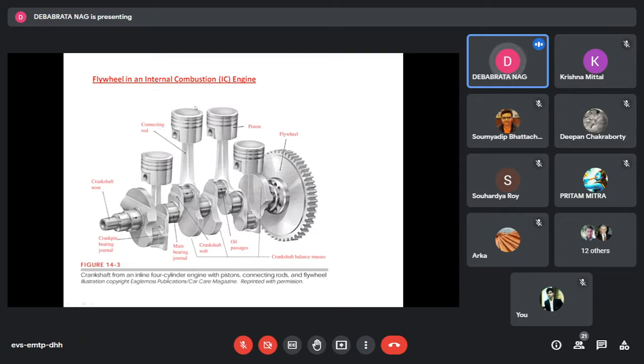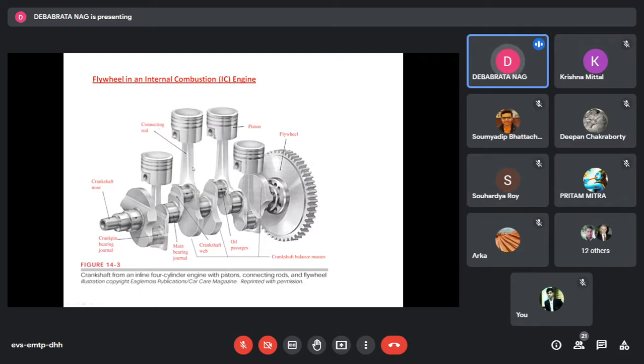It will combust, and the products of combustion will force the whole thing to come down and move up. That reciprocating motion will eventually supply mechanical power at the crankshaft, right? So the power will be taken from here, and the power consists of the available torque.